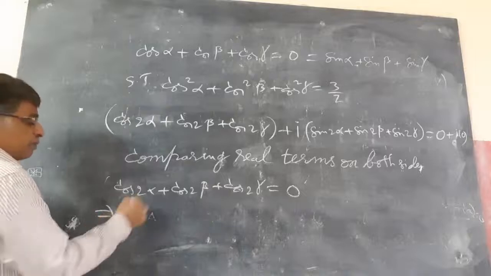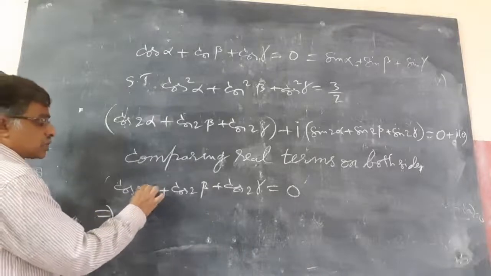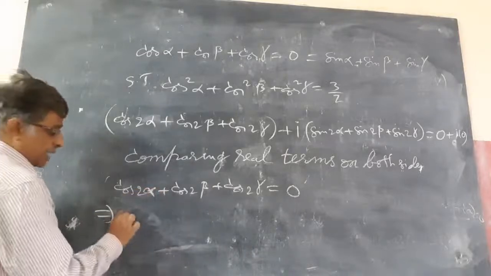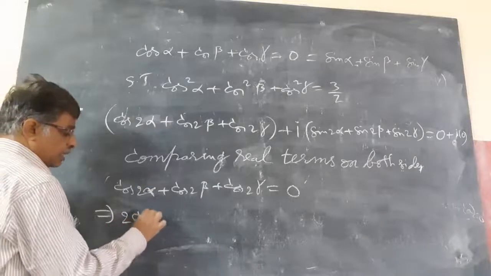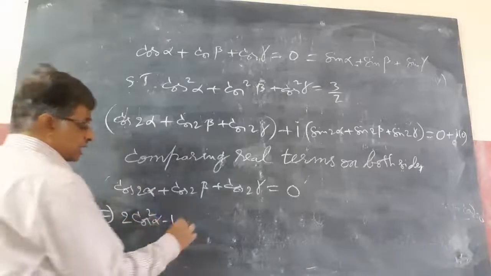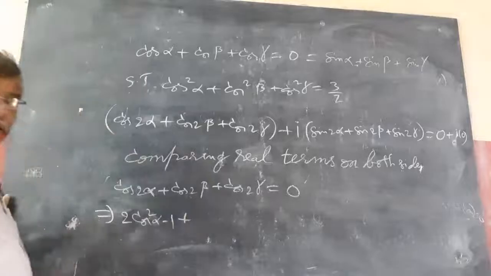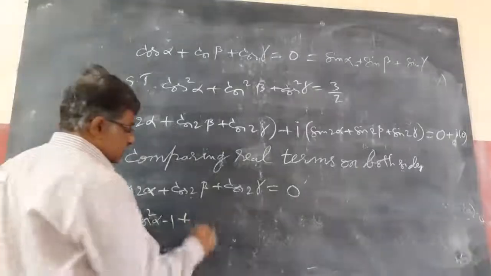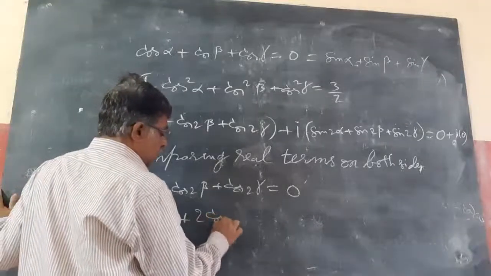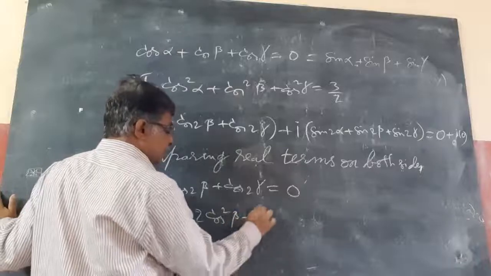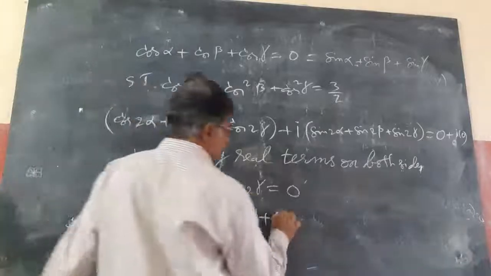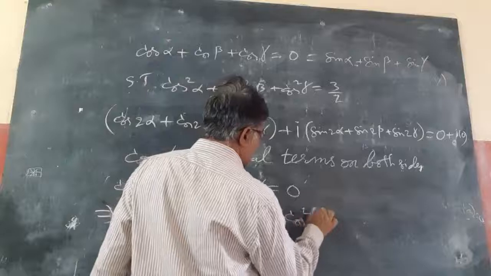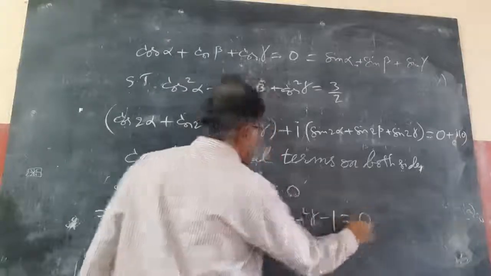Now the cos 2 theta formula is 2 cos square theta minus 1. So 2 cos square alpha minus 1 plus cos 2 beta, which is 2 cos square beta minus 1, plus 2 cos square gamma minus 1, equal to 0.